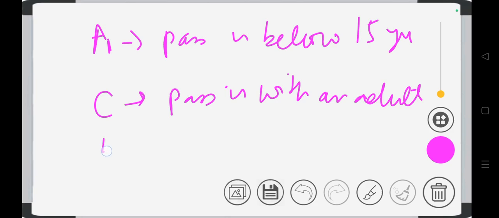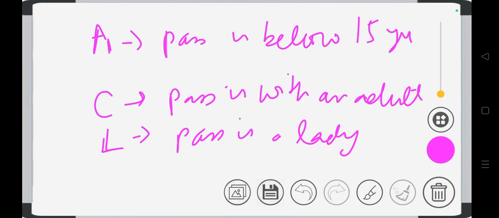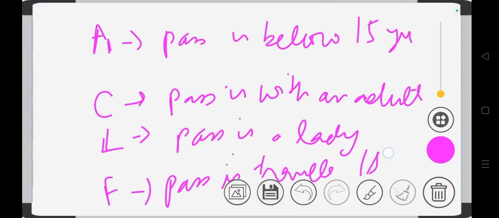Then we have L, which indicates that the passenger is a lady. And then we have input number 4, which indicates that the passenger is traveling for the first time in an aeroplane.